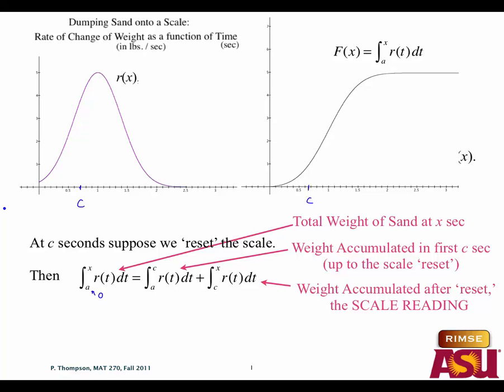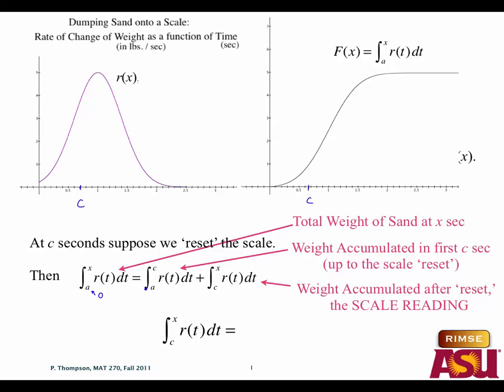So how can we rewrite that part? If we rewrite this equation, the scale reading would be the total weight of sand on the scale minus the weight before the reset. Does that make sense? Should make sense, right? Okay, well, what is the total weight of sand on the scale? That's just f of x.